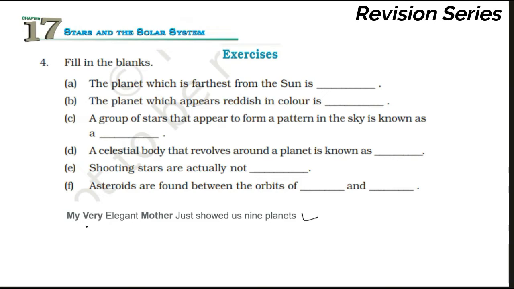Now you can have your own sentences. This is a sentence which I have slightly altered, which was previously used by many. So if you write this sentence the way it is shown here, the first M stands for Mercury, V for very stands for Venus, elegant E stands for Earth, and so on.